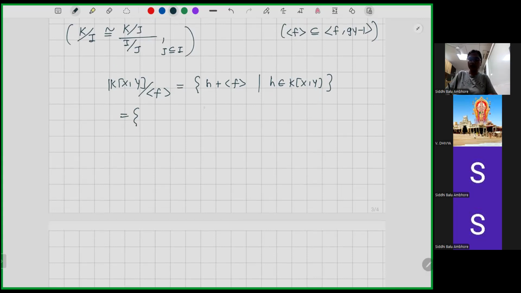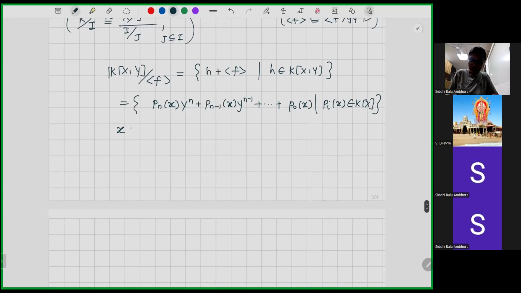So h is P_n(x) y^n plus P_{n-1}(x) y^{n-1}, and so on up to P_0(x), such that the P_i belong to K[x]. You can write this, right?